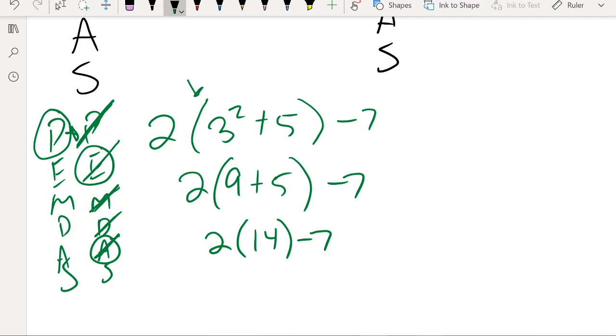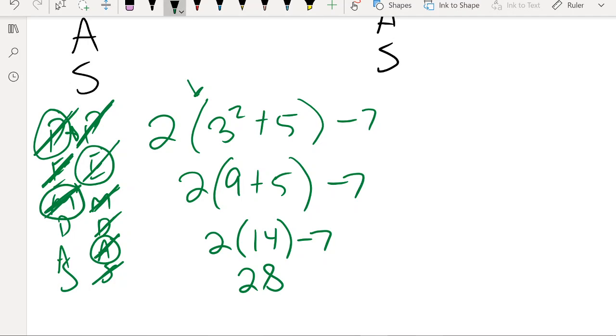There's nothing else to do. I just have 14. There's nothing to add, subtract, multiply, divide, exponents. There's none of that, so no subtraction, and I'm done with my parentheses. So then I move on to the E, which I didn't have one. Nothing outside of the parentheses as far as exponents go, but I do have a multiply. 2 times 14, so it's going to be 28.